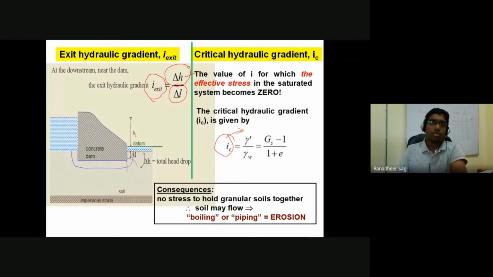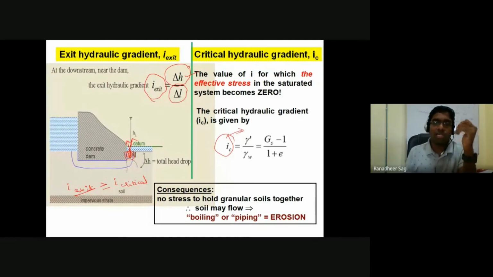Okay. So whenever the exit gradient in that particular soil element is greater than or equal to the critical hydraulic gradient, we understand that the flow will lift the soil completely in the upward direction, because at the exit the gradient is higher than the critical hydraulic gradient of that soil.